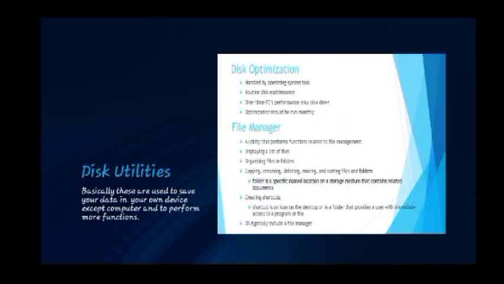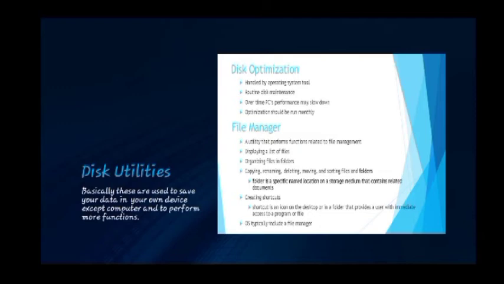Disk utilities, the last type of system software. This is basically a type of system software which is used to save our data or to make more space for data. Disk optimization is handled by an operating system tool.